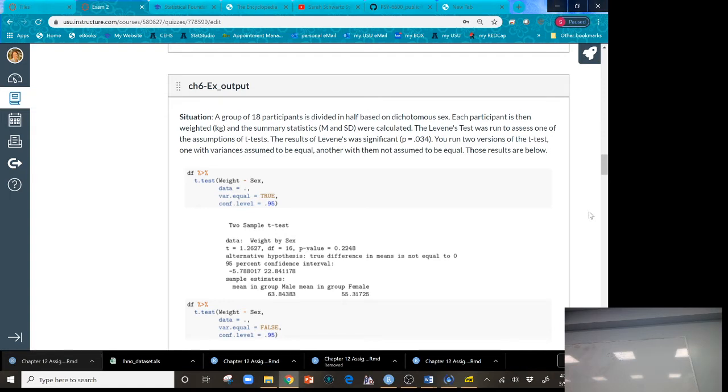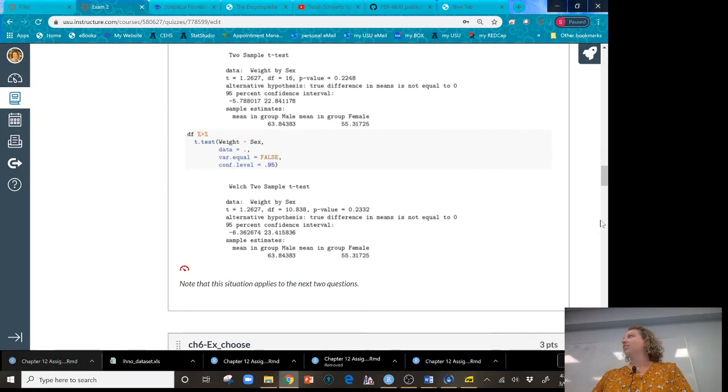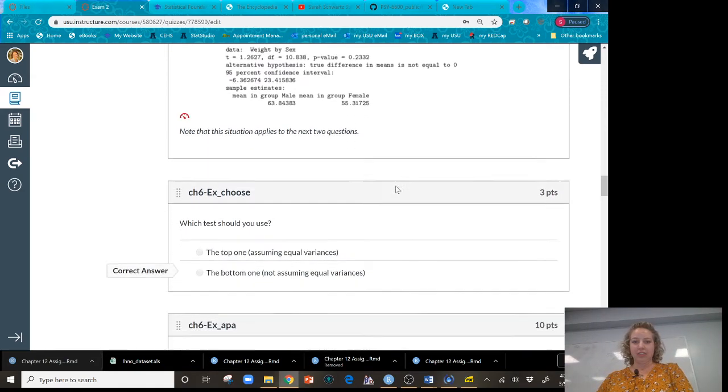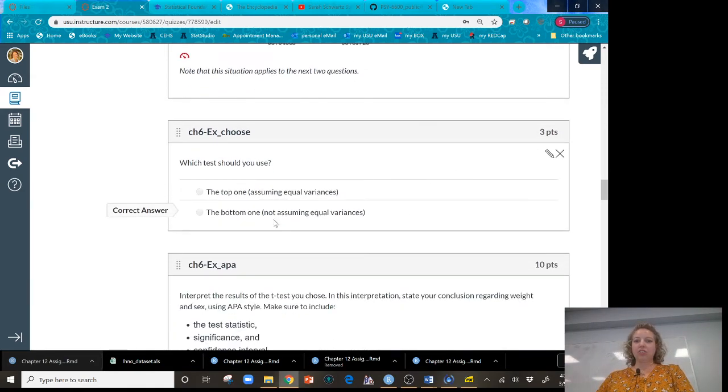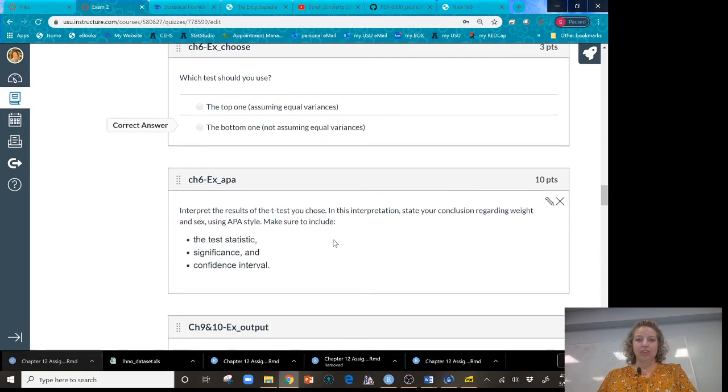So we should be using this second set of results, the second analysis. We should be doing Welch's separate variance, not the top one, which is doing the pooled variance. So we should use the bottom one, not assuming equal variance, because Levene's test showed that we had violations of homogeneity of variance. Or we don't have the same variance.